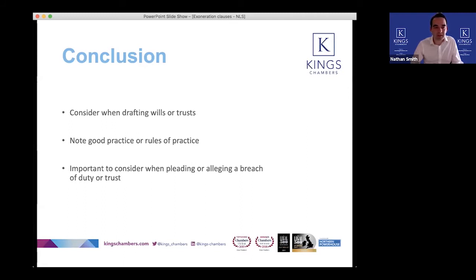The case that I referred to earlier, the Bag and Raper case, makes clear that a solicitor can introduce a clause into a will where they're going to be an executor, although they should, as a matter of good practice, if nothing else, bring it to the attention of the testator. And of course, you should have a good file note that confirms that the testator understands and accepts the exclusion clause.